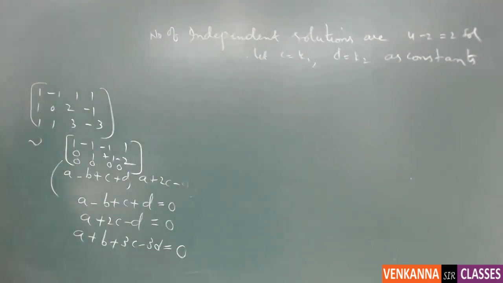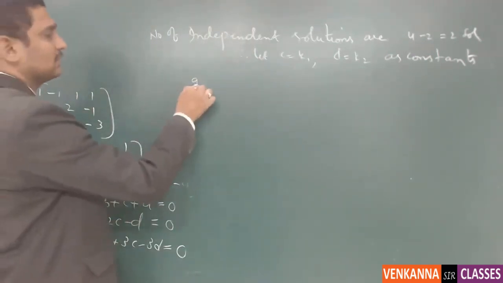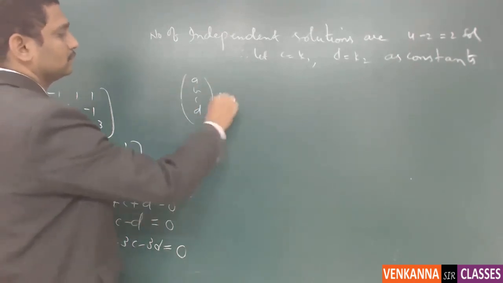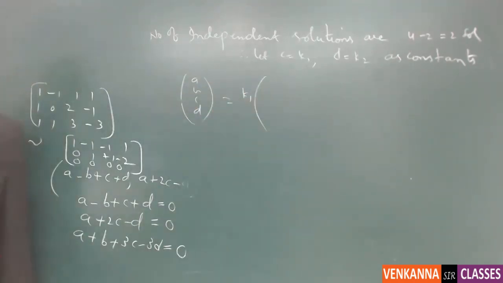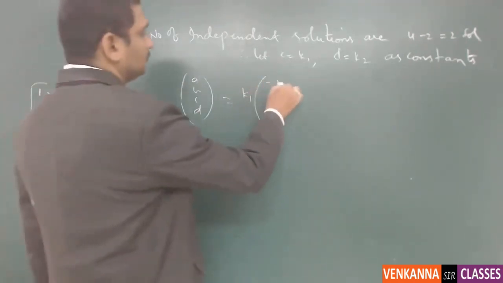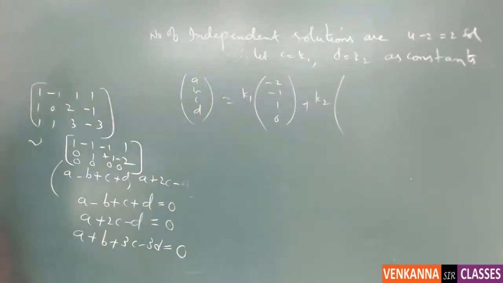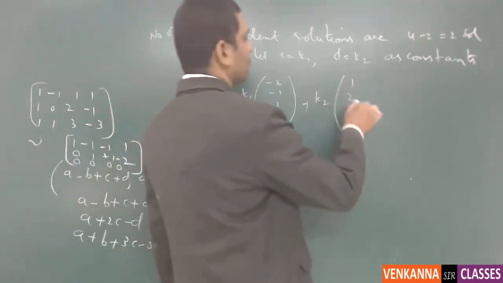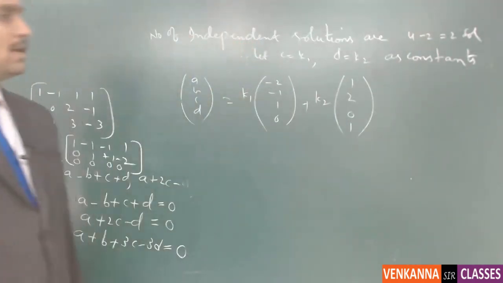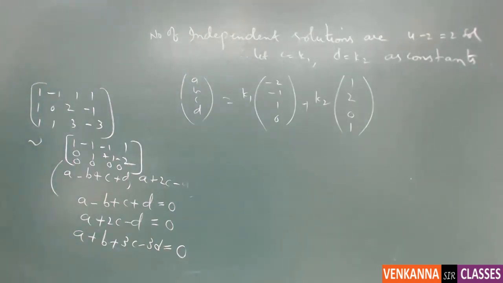If you apply the constants, you will get ABCD as first constant K1 into, and second constant K2 into the respective values. Therefore, the two vectors together constitute a basis for the null space.